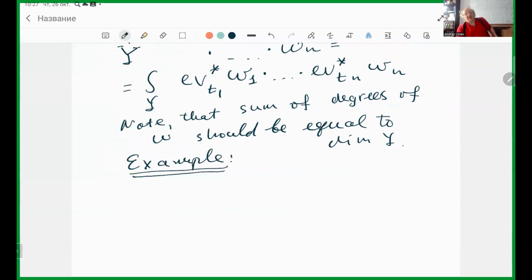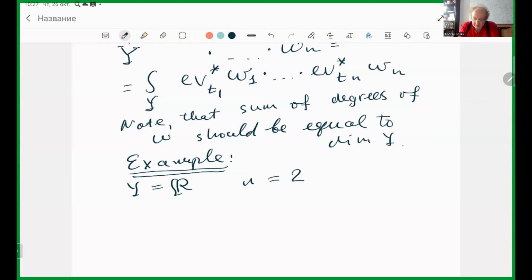This example is particular in the sense that I can compute trajectories explicitly. It's not a conceptual simplification. It's just a technical simplification so that I am able to write down an explicit formula. Let y be R. Let n, say, be equal to 2.